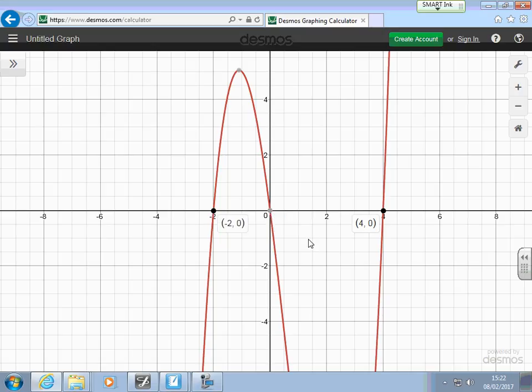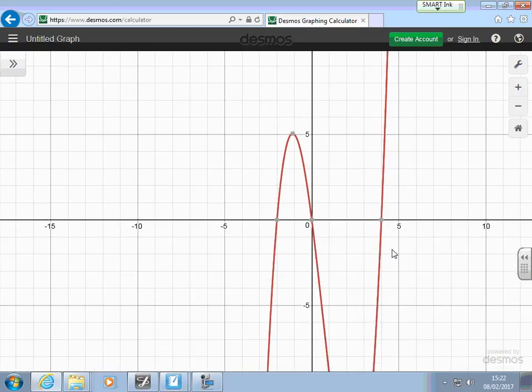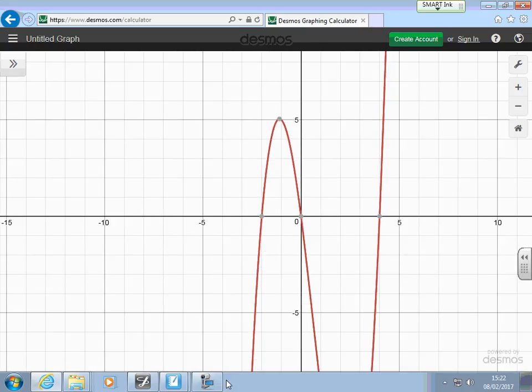And we've got a portion below the x-axis between the limits 0 and 4. So they're the limits we need to solve this problem. Minus 2 and 0, 0 and 4.